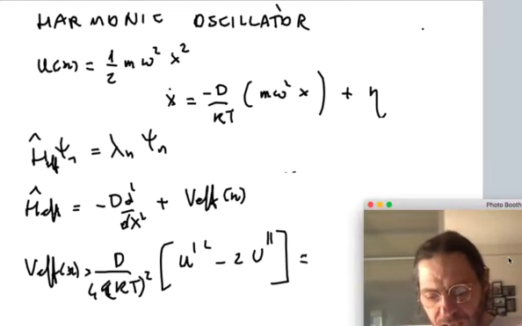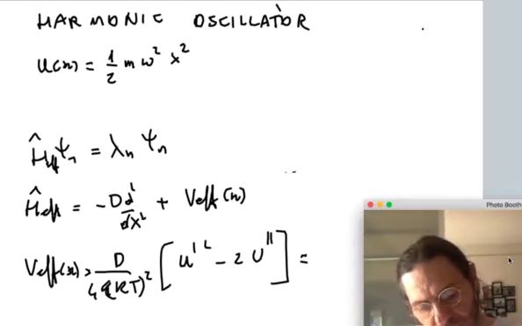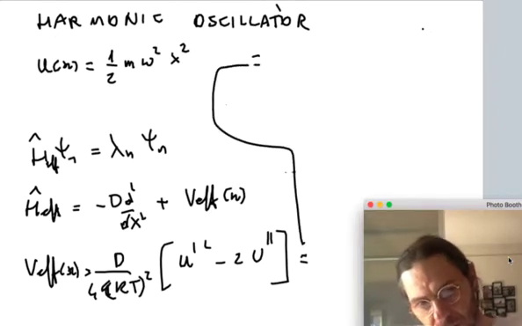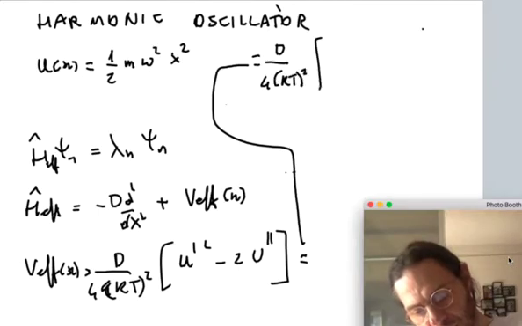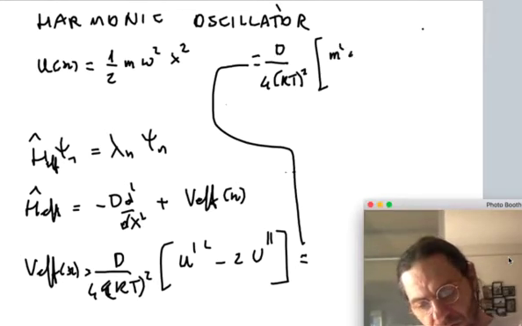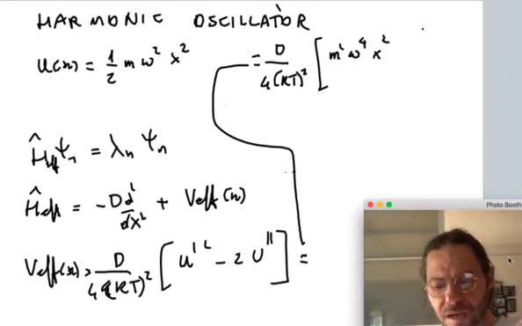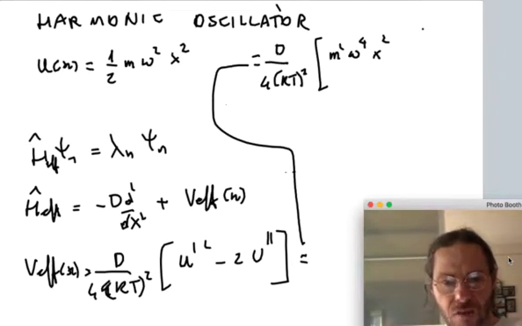Now, if I explicitly evaluate this for a harmonic oscillator, let me do it here. I have D over 4 kT squared. Now, the gradient of this squared is going to be m squared omega to the fourth x squared, because when I take the gradient, I get m omega squared x, and then if I square it, I get m squared omega to the fourth x squared.